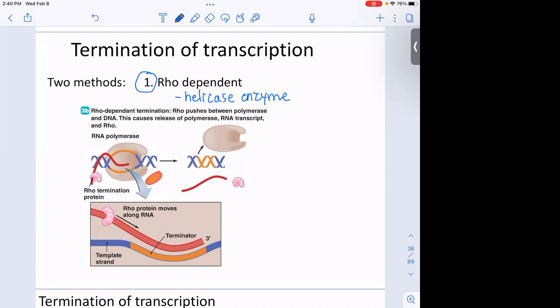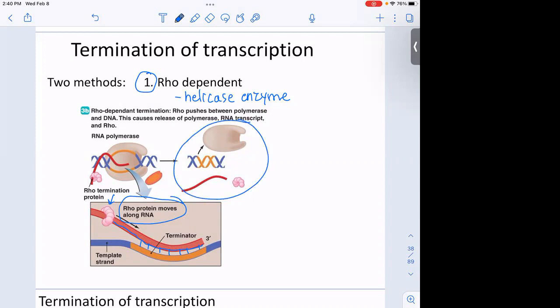So basically what happens, the Rho moves along the RNA, the little pinkish bracelet there, that's the Rho protein, and it moves down along that new strand of messenger RNA until we've got these kind of weak hydrogen bonds when the RNA is first transcribed, and it moves down and breaks those bonds, and basically then this is showing everything dissociating.